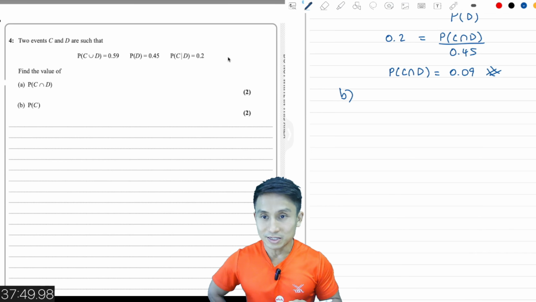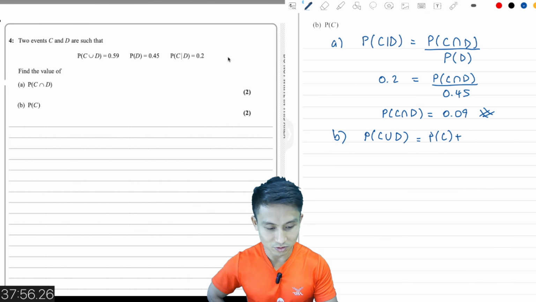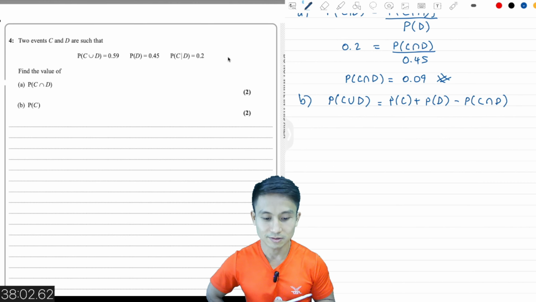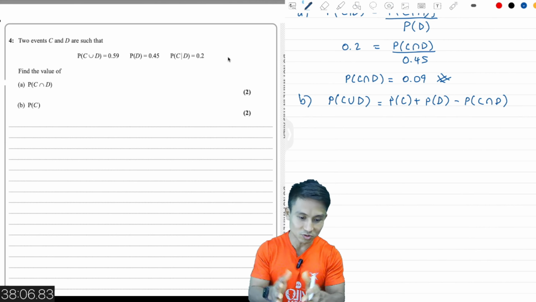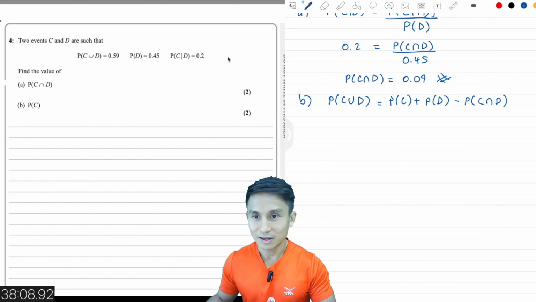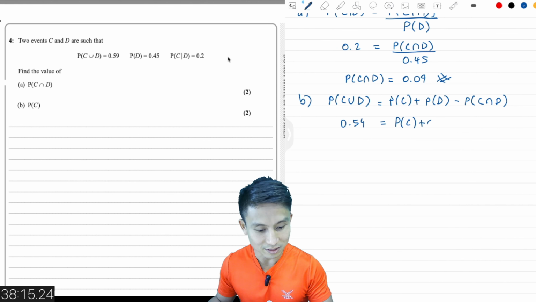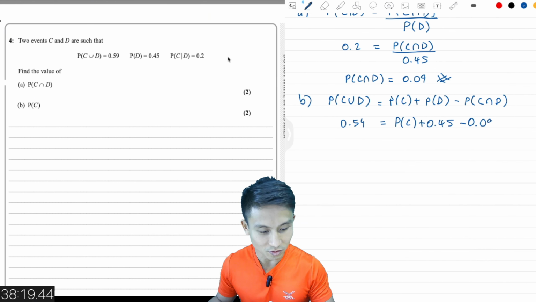Part B, find P(C). Well, I mean, P(C union D), you should know this formula is useful. You add up the two separately like that, but you subtract the intersection here. So that's the definition of the union there. If you try to do a Venn diagram, you will see that this is exactly the case. P(C union D) is 0.59, equals P(C), which is what we want to find, plus P(D), given to be 0.45, minus P(C intersect D), which we just got to be 0.09, right?